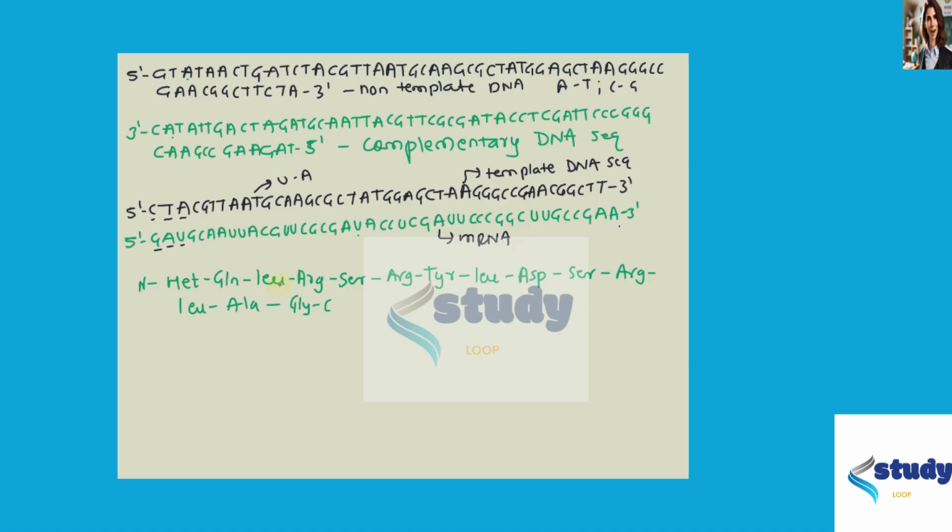Then you will find leucine, arginine, serine, arginine, tyrosine, aspartic acid, serine, arginine, leucine, alanine, and lastly lysine. So this is the polypeptide chain, each of these is an amino acid which will build up, and these are joined by peptide bonds, which will result in the formation of protein.